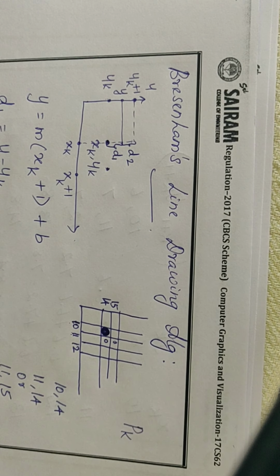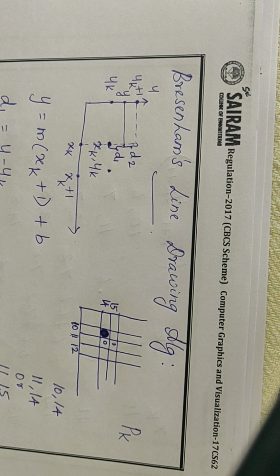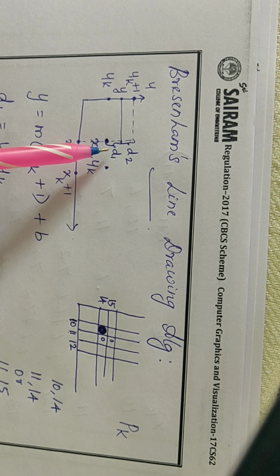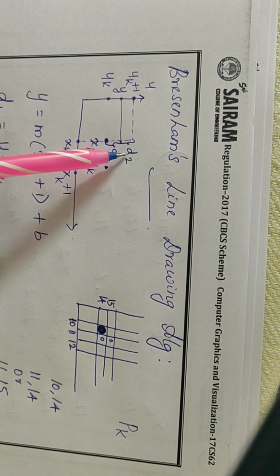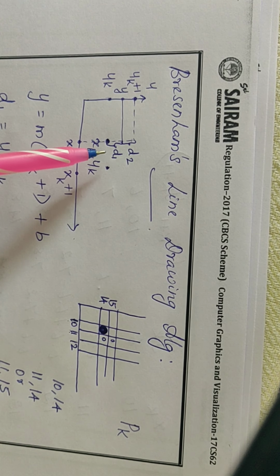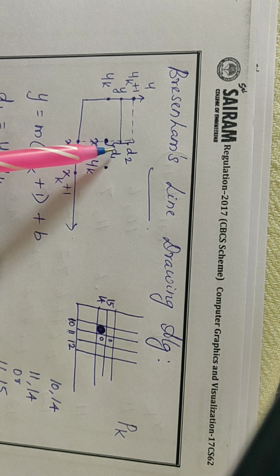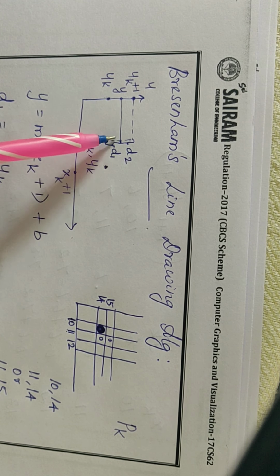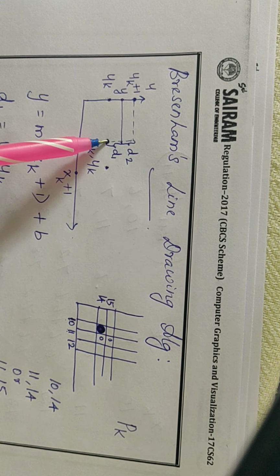Here. pk is equal to d1 minus d2. If pk is less than 0, this d1 value is less than d2. d1 value is less than d2 means I have to consider this pixel.